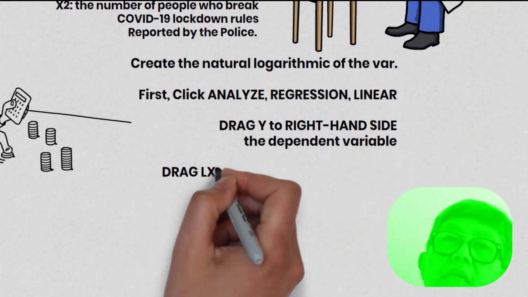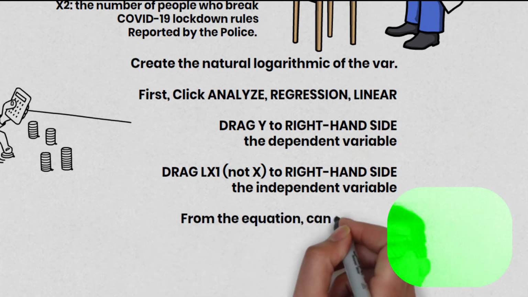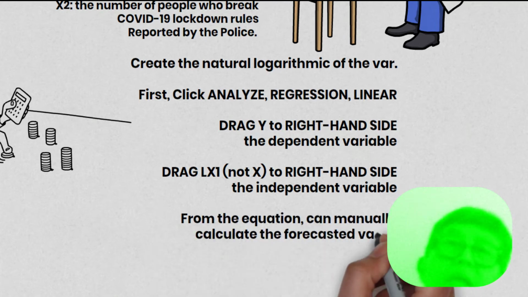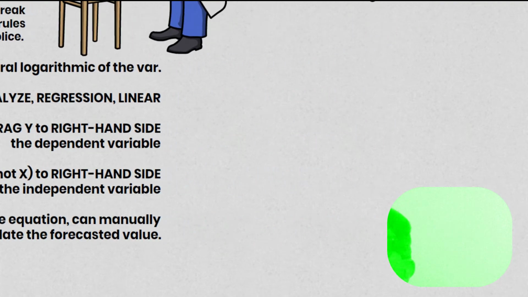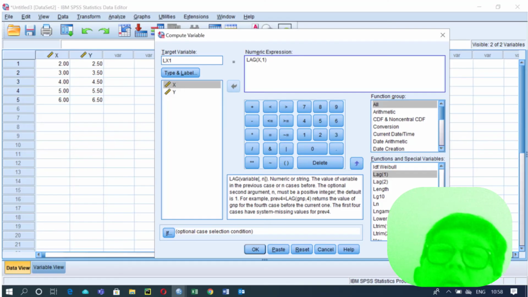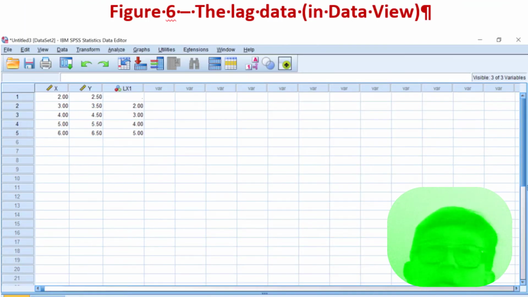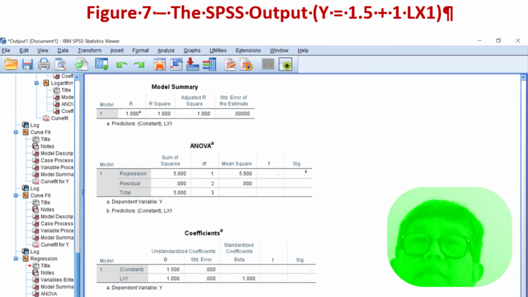If you want to run the regression, click Analyze, Regression, Linear. Drag the y, and for the right hand side, as given, drag lx1, not x, remember, the lagged variable, to the right hand side as an independent variable. From the equation, you can then manually calculate the forecasted value. So figure 5 is the SPSS command, figure 6 the lagged data, figure 7 is the SPSS output of the regression line.